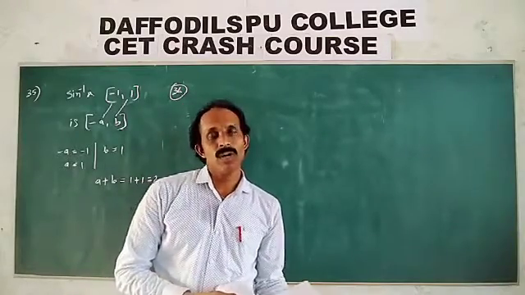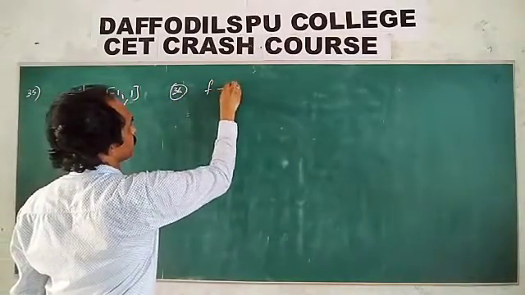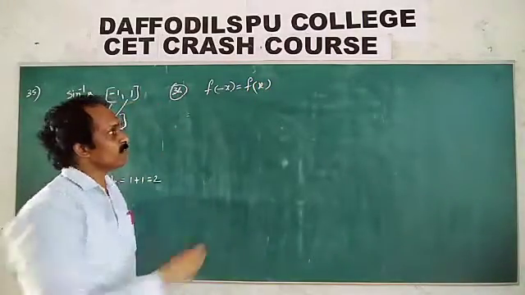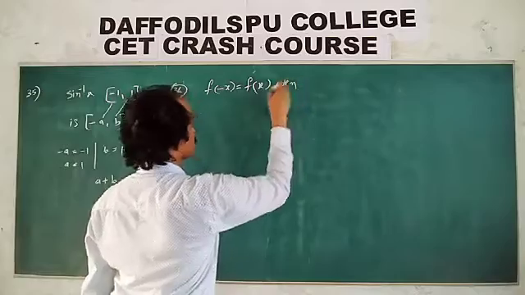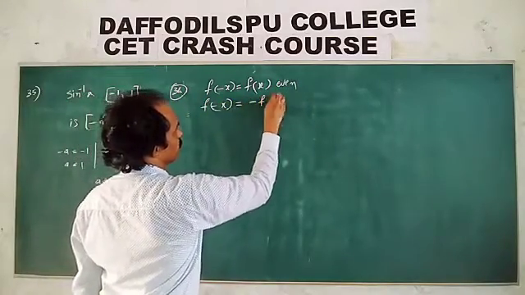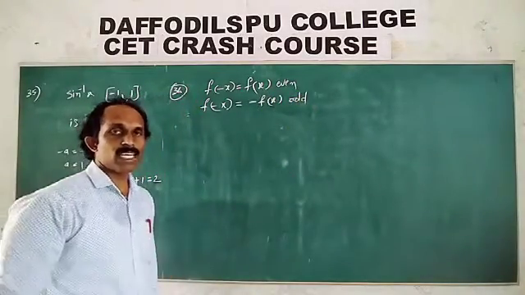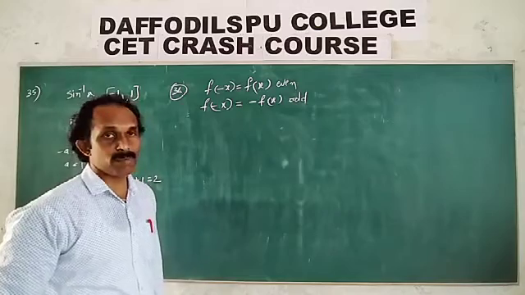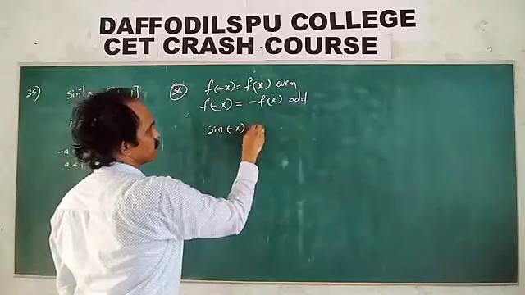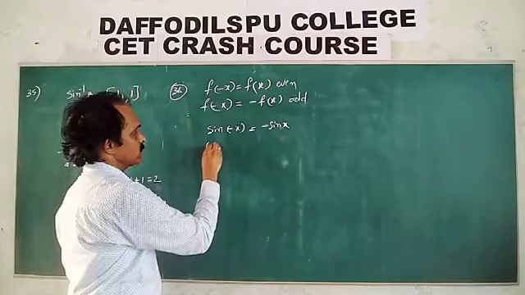First of all, you should know about even and odd functions. f of minus x is equal to f of x is an even function. f of minus x is equal to minus f of x is an odd function. For example, take trigonometric functions: sin of minus x is minus sin x, odd function.